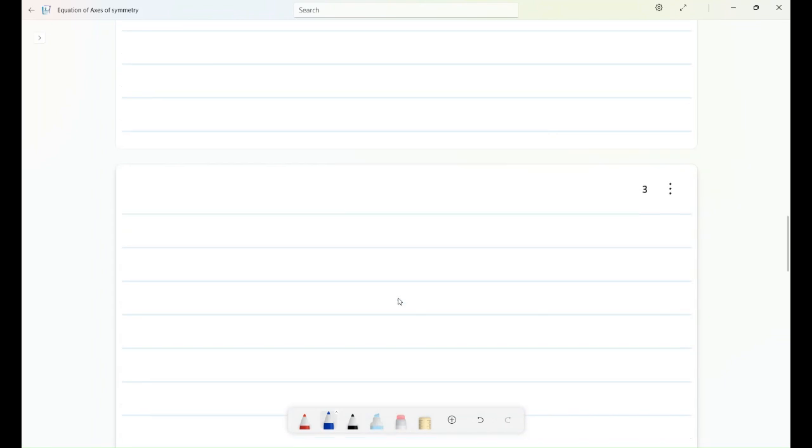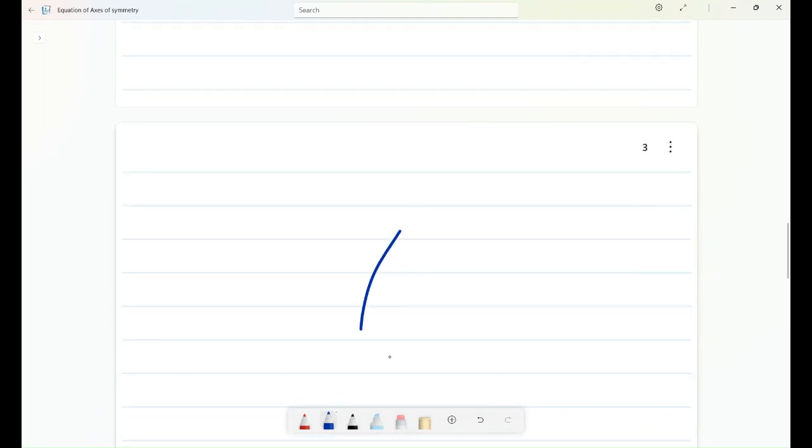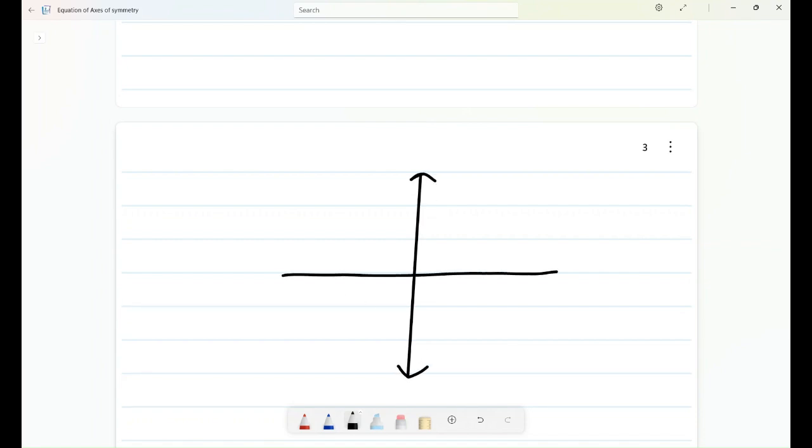I want to come here and say, if I have a graph like this. Let's say I have my asymptote here, as well as my asymptote there.